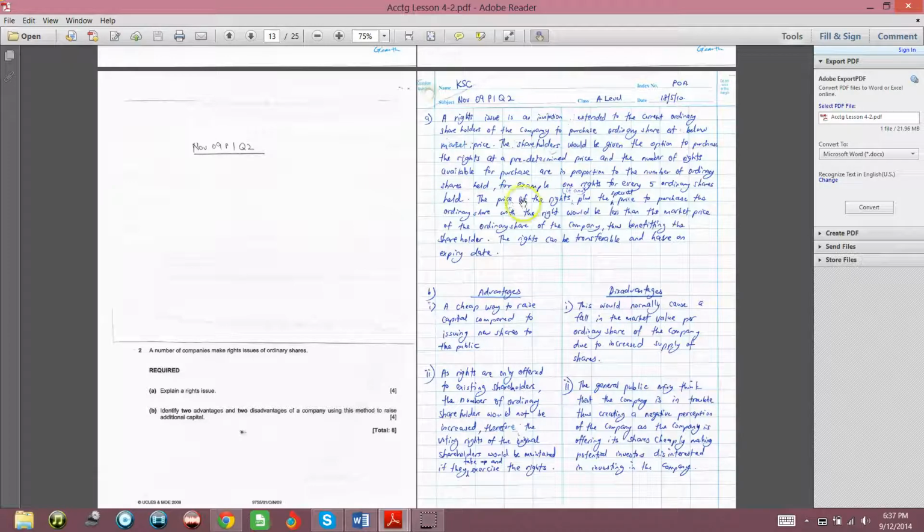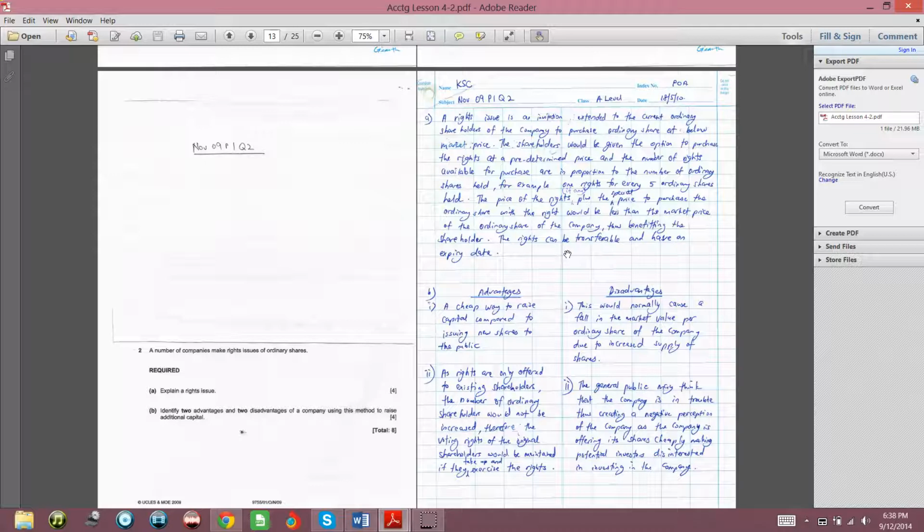Sometimes it can be given for free. Sometimes the company can sell the rights to the existing ordinary shareholder, plus the special price to purchase the ordinary share with the right would be lesser. It would be less than the market value of the ordinary shares of the company, thus benefiting the shareholder. The rights can be transferable and have an expiry date.